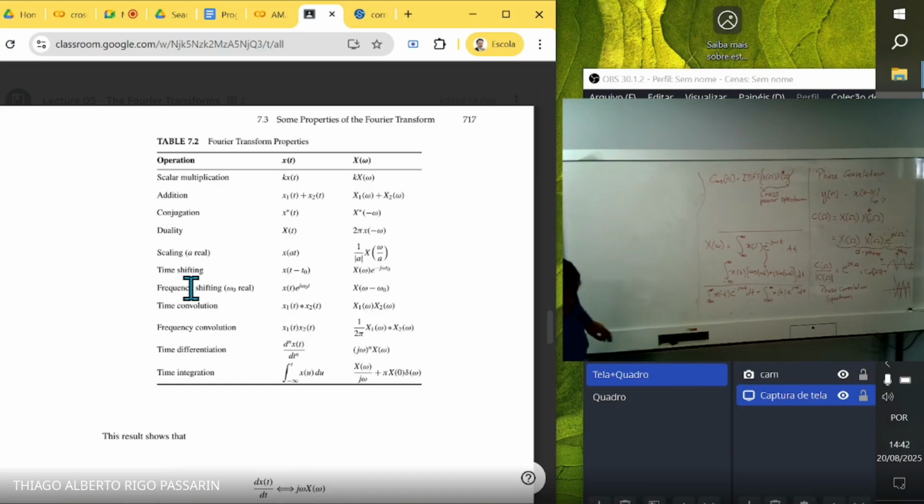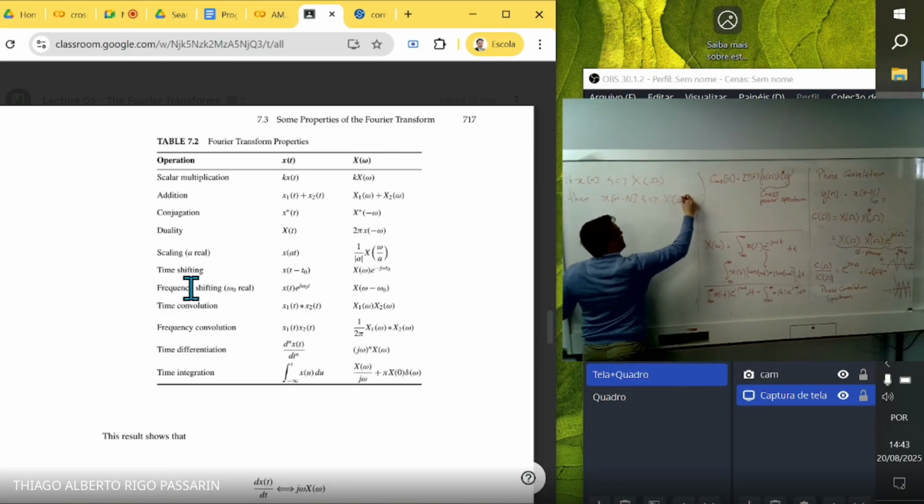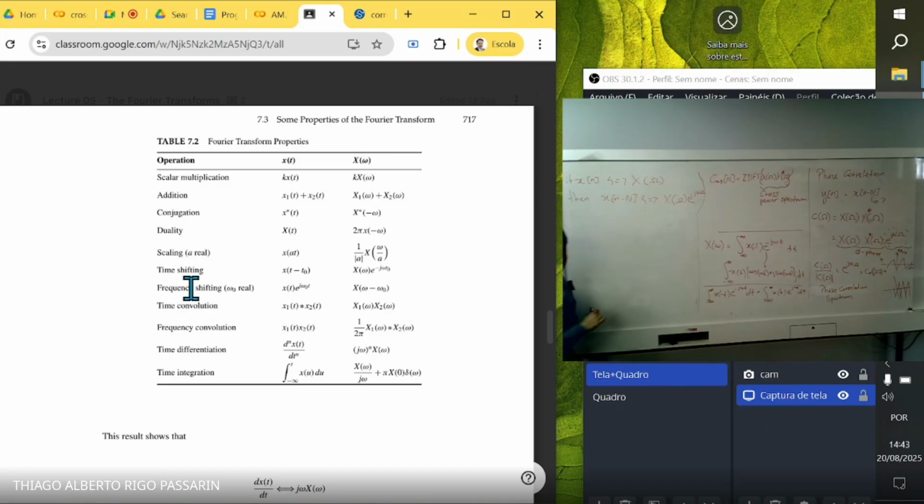So we know that if x of n has the transform X of omega, then x of n minus big N has the transform X of omega e to the minus j N omega, right?